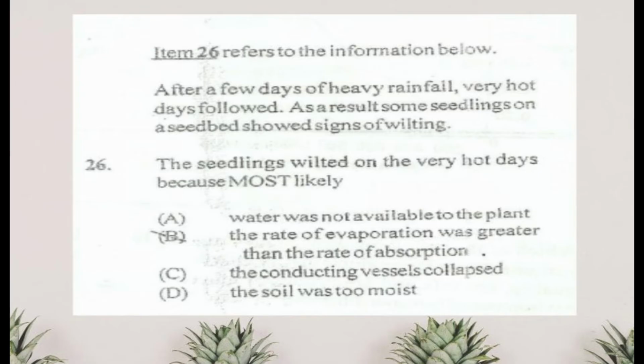B. the rate of evaporation was greater than the rate of absorption. C. the conducting vessels collapsed. D. the soil was too moist. The answer is B. the rate of evaporation was greater than the rate of absorption. Of course, on very hot days, you will have a greater evaporation of water in the environment.